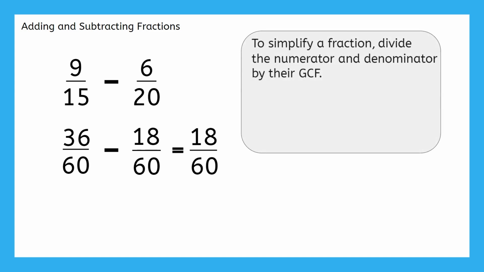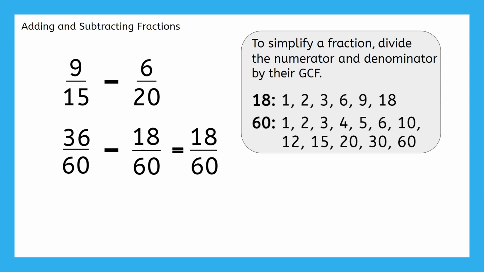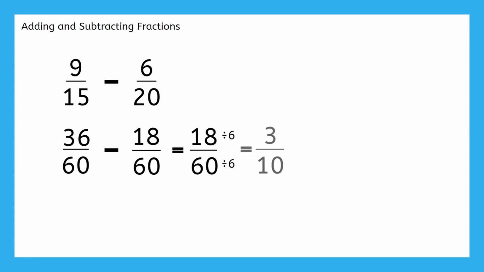To simplify our answer, we need to divide the numerator and the denominator by their GCF. Based on the factors of 18 and 60, their GCF is 6. So, after simplifying, our final answer is 3/10. Awesome work!